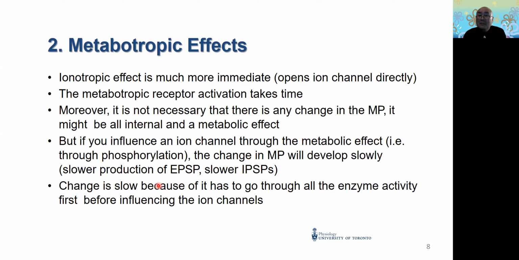So you may end up seeing an excitatory postsynaptic potential that is slower in response, so it's not going to be immediate, or you might see a slower IPSP, but again, these metabotropic effects take a little bit of time because all of these different enzyme steps have to be met, and there's a pattern and timing to all of these.